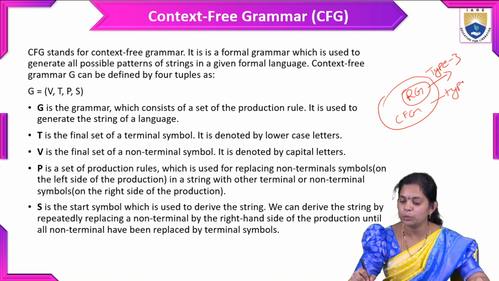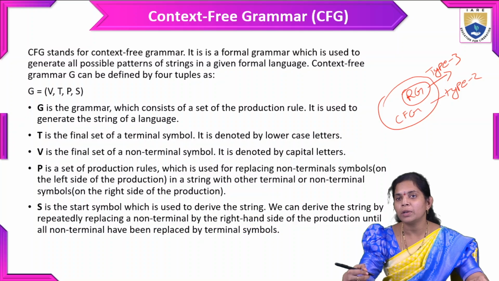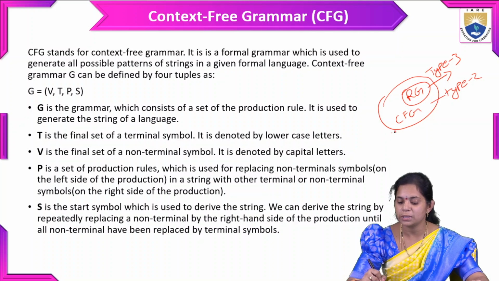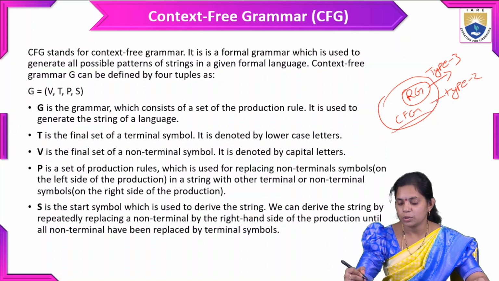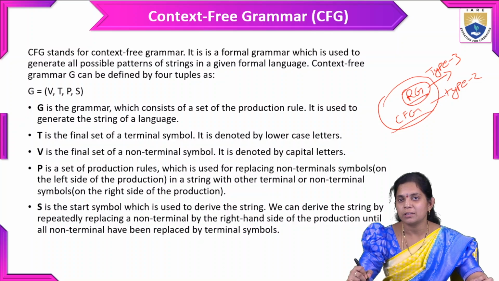This is a type 2 grammar. What we are going to discuss is the context-free grammar. The context-free grammars also have a subset of regular grammar, so we can construct the grammar for regular grammars as well as for context-free grammar.